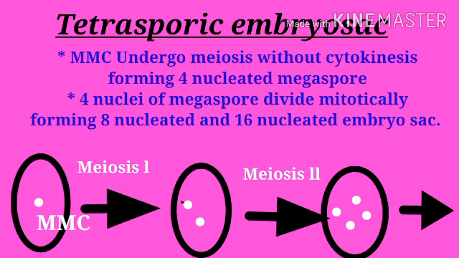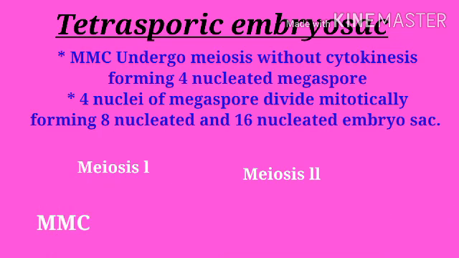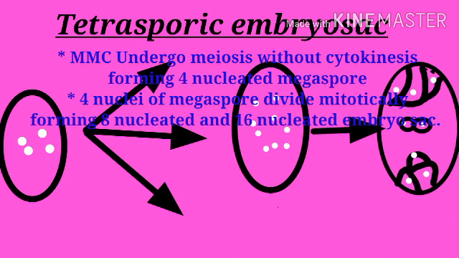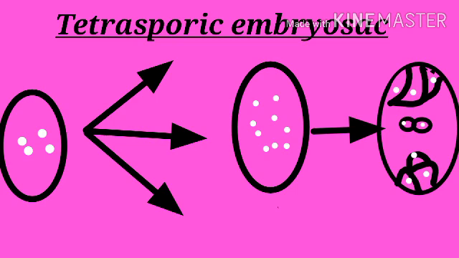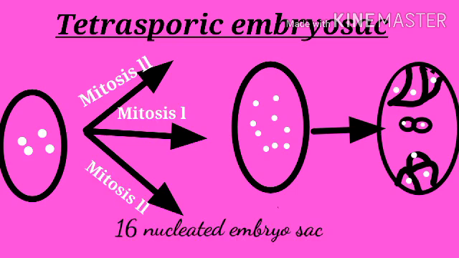Here the single megaspore mother cell undergoes first meiotic division and second meiotic division. Here there is no formation of dyad or tetrad. There is no cell wall formation, only the nucleus is divided and 4 nuclei are formed in a single megaspore.